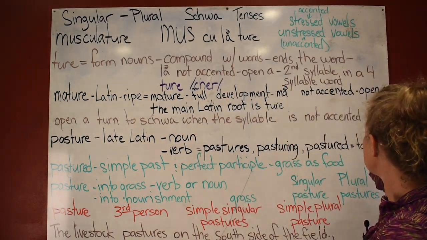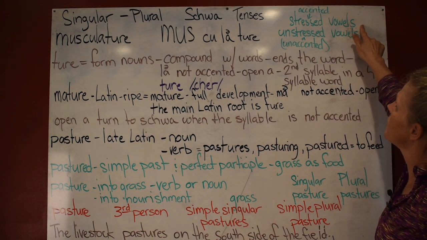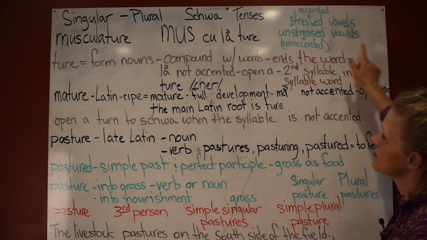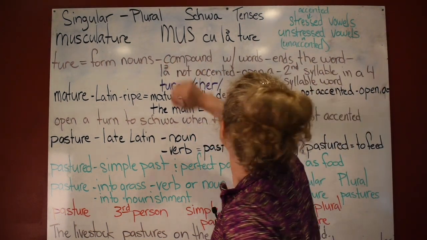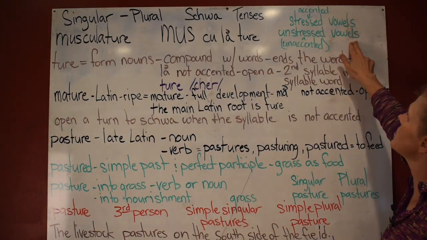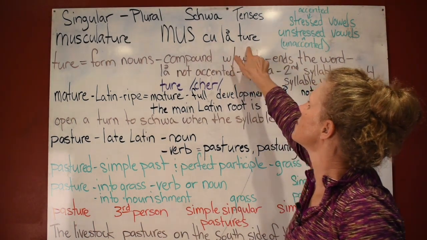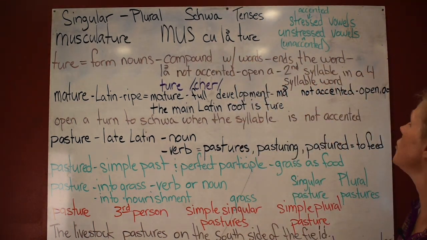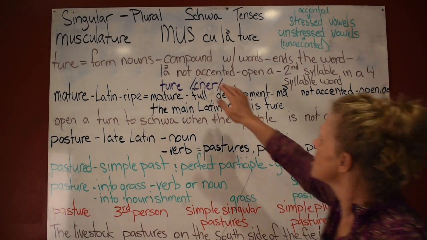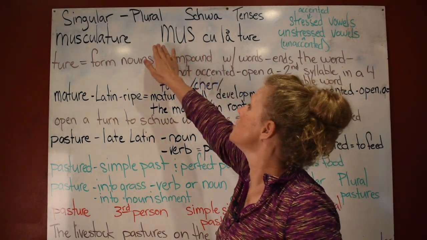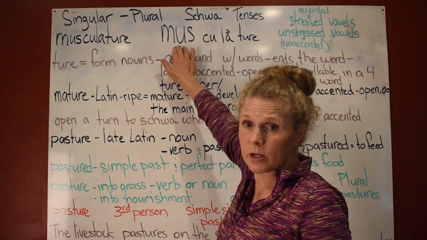Okay, so now let's talk about stressed vowels. Those are the accented vowels. Unstressed vowels are the unaccented syllables, so if you hear it, it means the same thing, really. When you're reading this, it's really important that you understand what it means to be stressed.